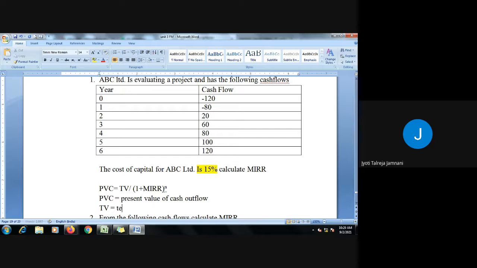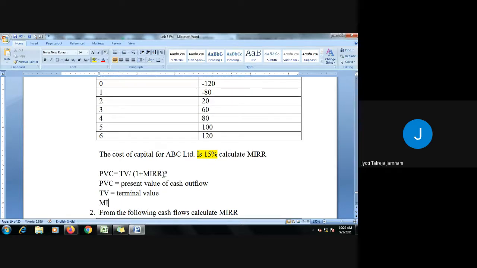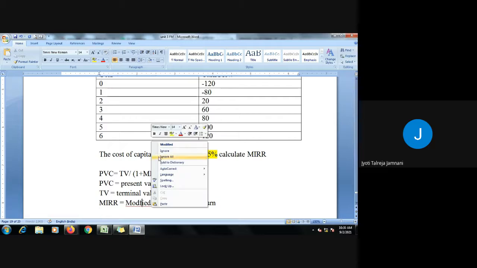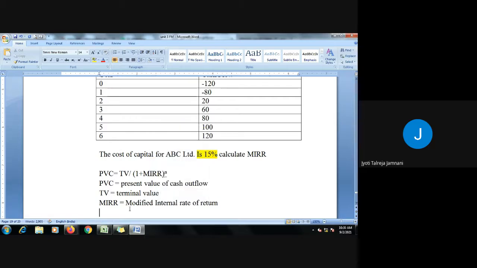TV is nothing but terminal value, and MIRR you already know, it is modified internal rate of return. And N is nothing but the life of the project. Okay, so this is the formula.